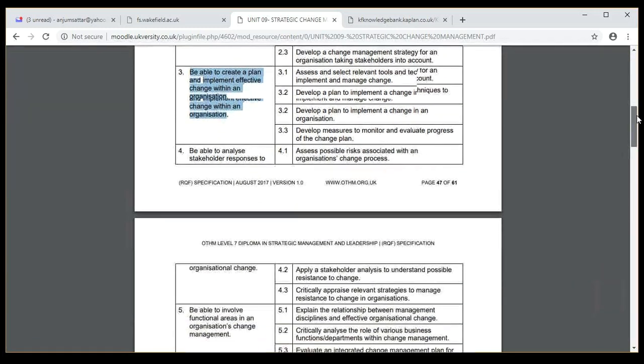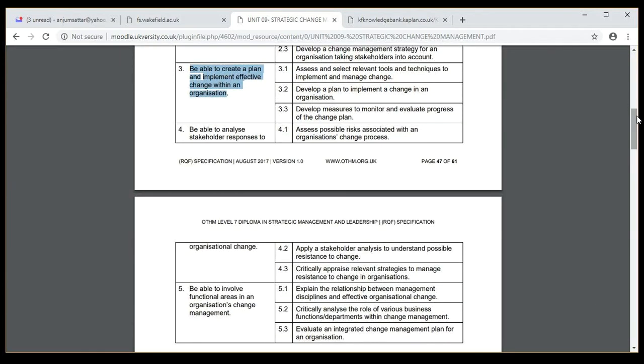Be able to analyze the stakeholder response. So we need to look at the stakeholders. We want to change from paying a weekly salary to a monthly salary because we want to reduce the payroll cost. But this has a huge impact on the stakeholders. Maybe people will leave the job.